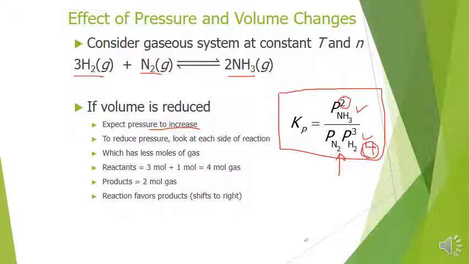And so the reaction is going to relieve that pressure by making more product. You look at the ratio of particles. If you reduce the volume, that increases the pressure, and effectively the reactant is going to have a higher increase in its pressure because it has more gas particles. It has 4 to 2. And so it wants to relieve that pressure by making more product.